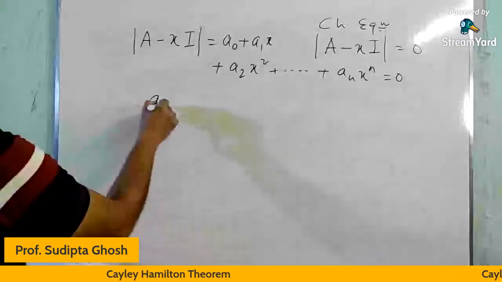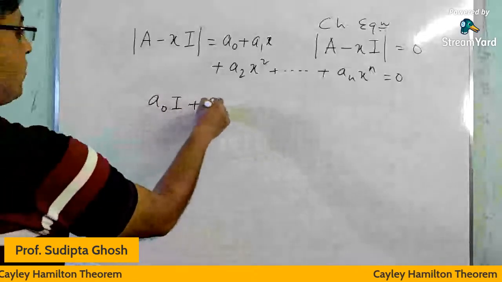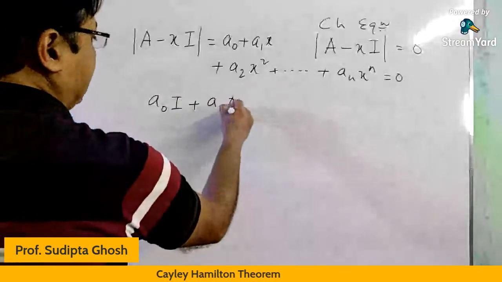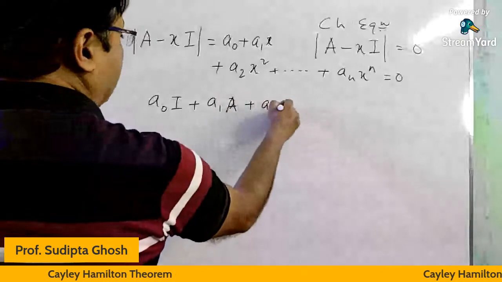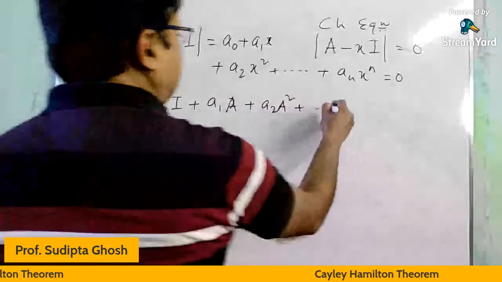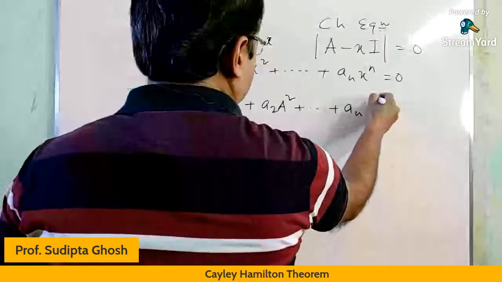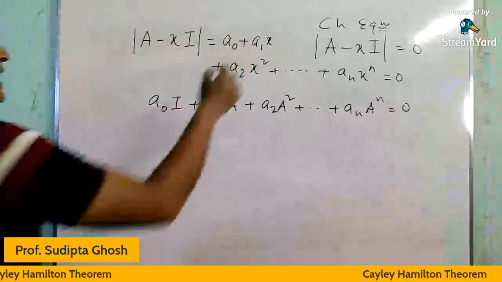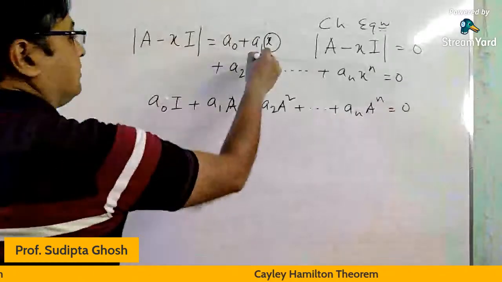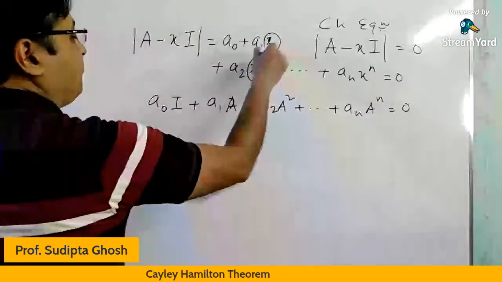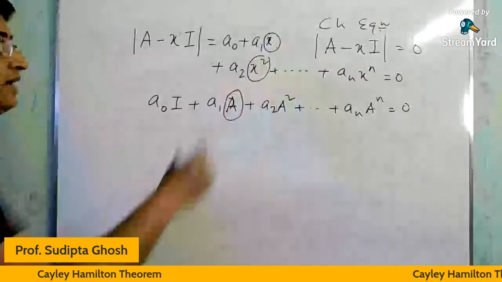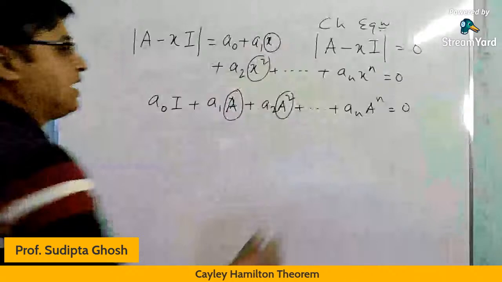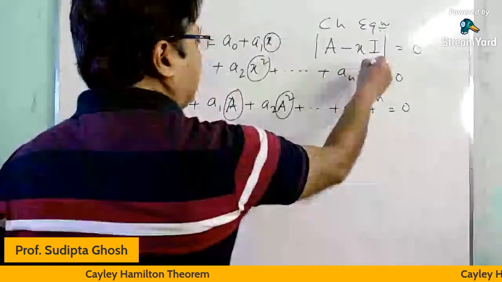A0 I plus A1 A plus A2 A square plus dot dot An A to the power n equals 0, where every x has been replaced by A. So x square has been replaced by A square, and x to the power n has been replaced by A to the power n.